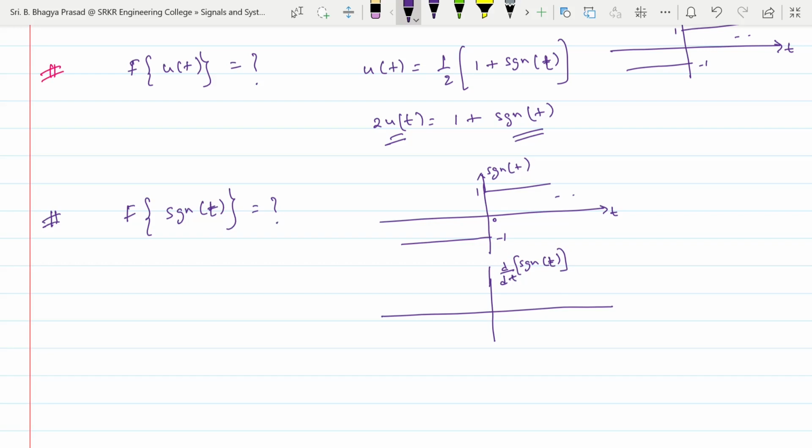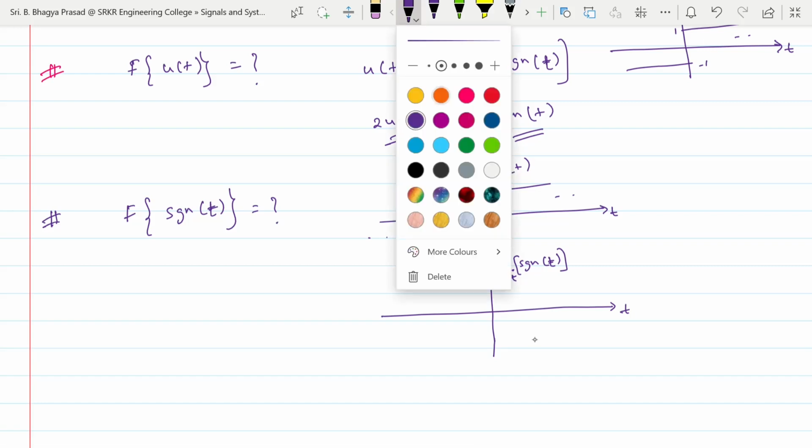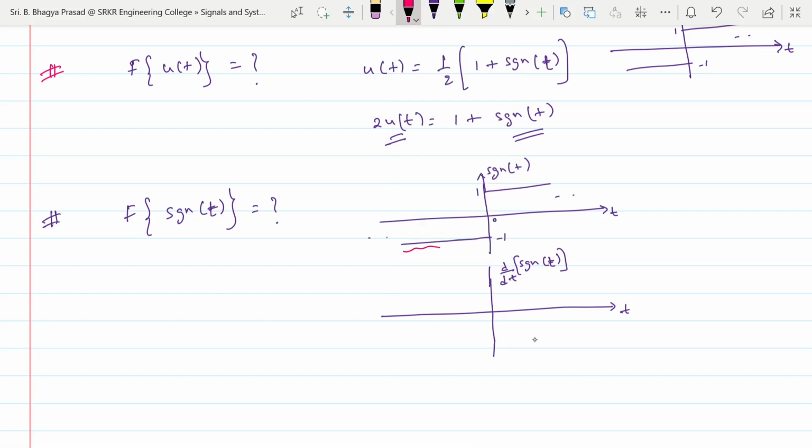Derivative means finding the change in the signal. From minus infinity to 0, the signal is constant with value −1, so there is no change, which means the change is 0.